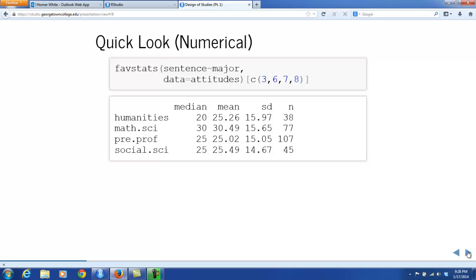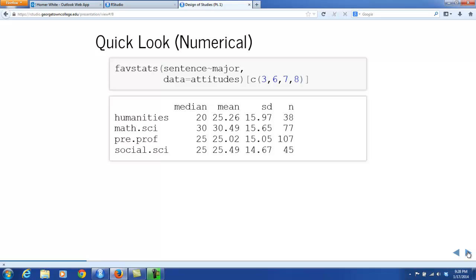So the output you see before you gives you a certain amount of information about the conditional distribution of sentence given each of the 4 possible values of major.